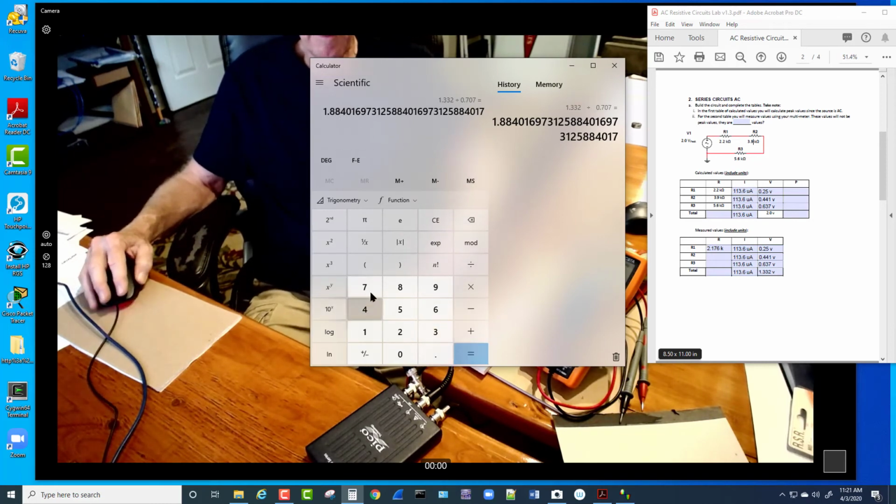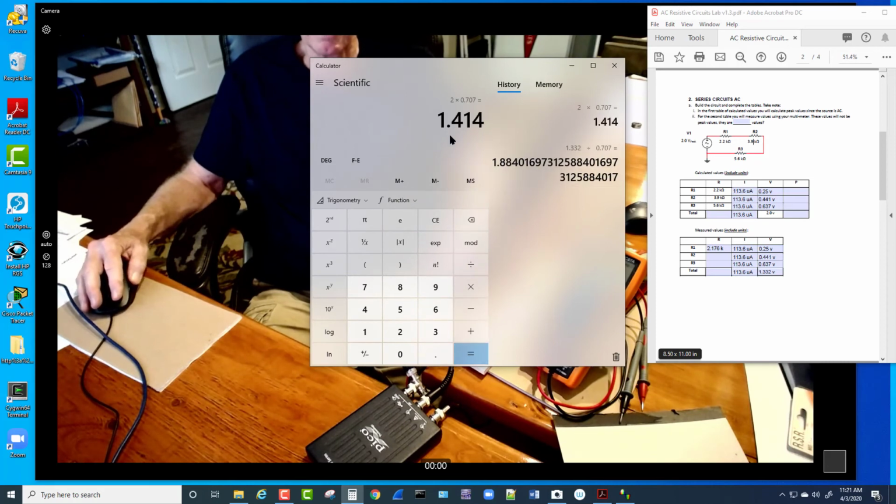Another way you can get this is, what if I had 2 and I multiply it by 0.707? I get 1.414. So all that means is if this had stayed at 2 volts, this number would have been 1.414 instead of 1.332.